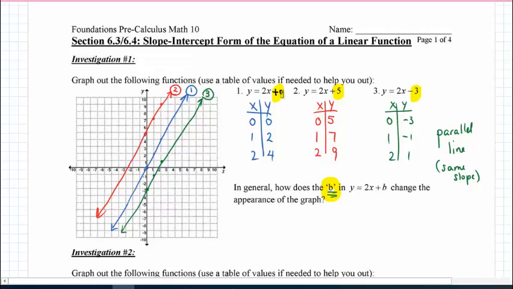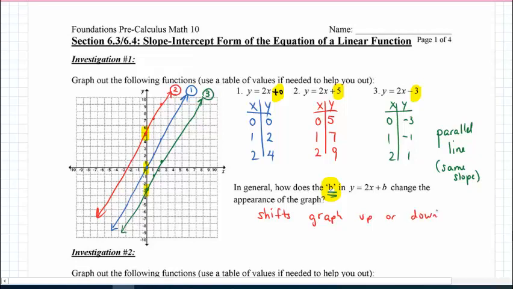So if you look at the 0, if you look at the 5, and you look at the negative 3, down there, you could say that the actual b value shifts the graph. What was that? Shifts the graph up or down.